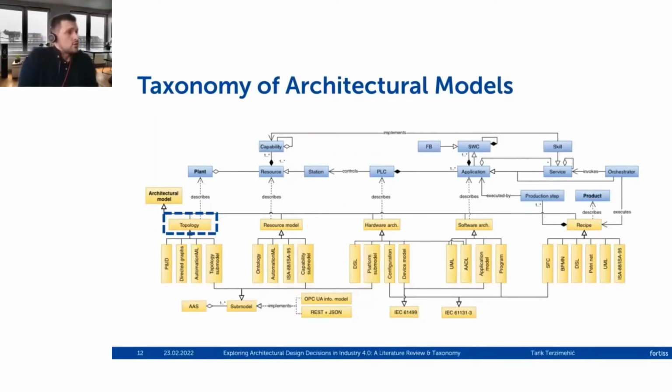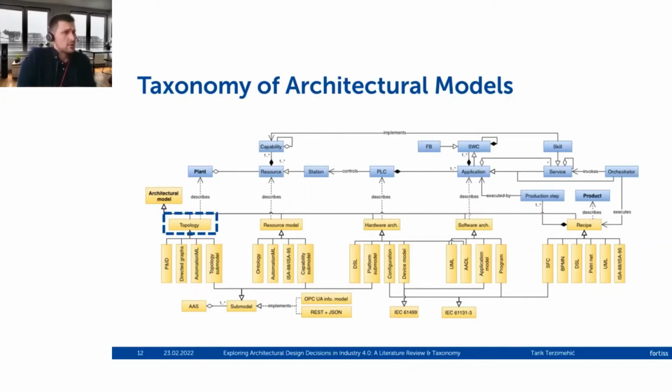Stations are controlled by PLC controllers, and they are described by a hardware architecture. What we see here most often is the application of the domain-specific IEC 64099 and IEC 61131 standards. They have a so-called device model and configuration to describe the hardware architecture, so to describe PLCs, connections between them, memory capacities, and so on.